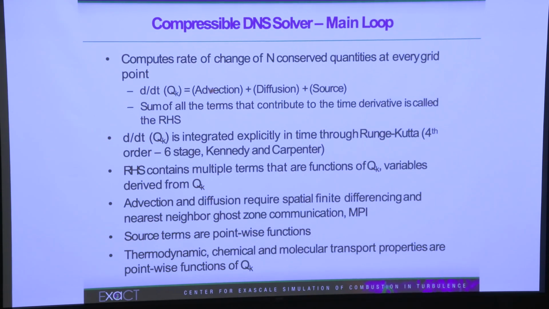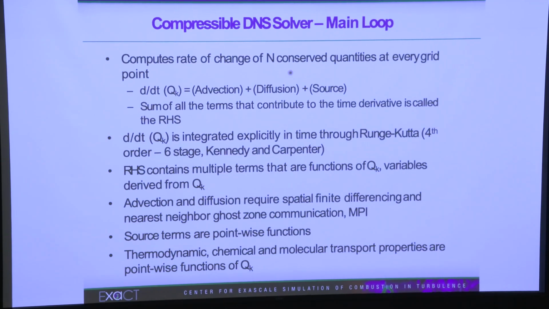The right-hand side is arranged in terms of the advection, the diffusion, the diffusive fluxes of heat and species, and then the source term for the chemical reaction or whatever other sources you want to include. The sum of all the terms that contribute to the time derivative we just call the right-hand side, RHS. It's integrated explicitly in time using a fourth order 6-stage Runge-Kutta method.